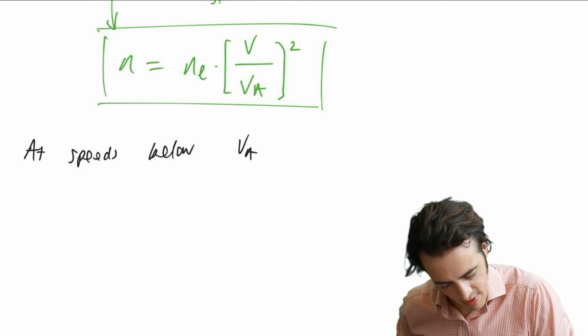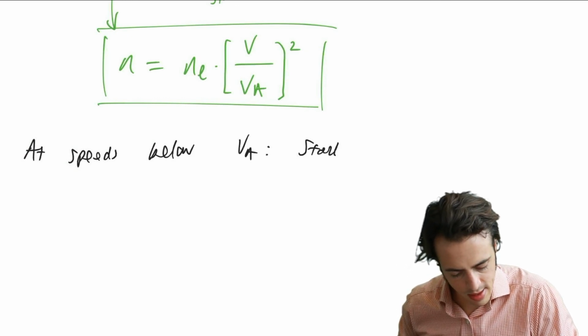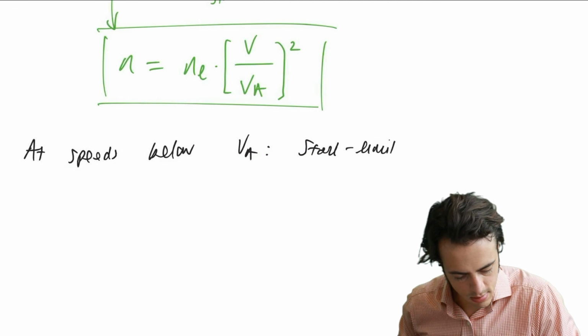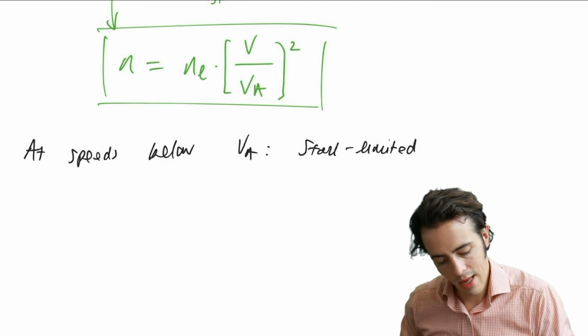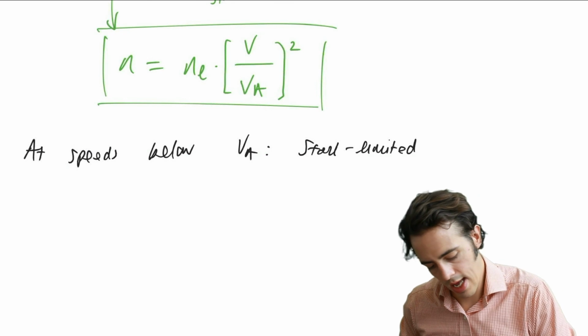At speeds below VA, we are stall limited, and then the limit becomes this N here.